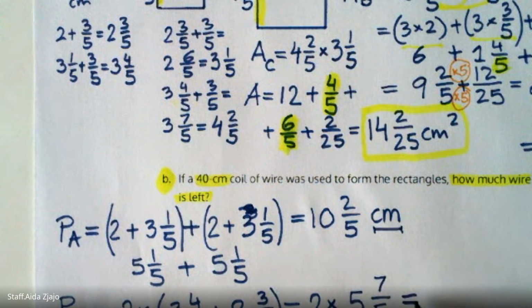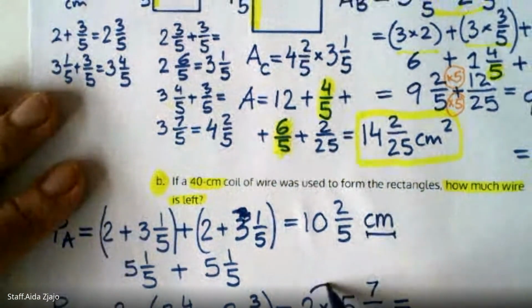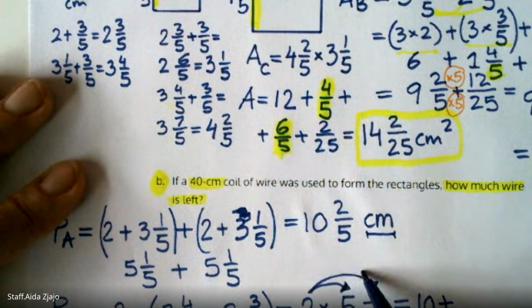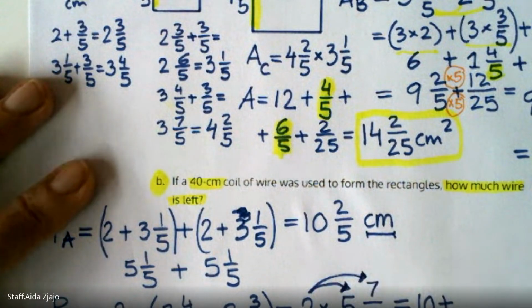So that is equal to 2 times 5 is 10, plus 2 times 7/5 is 14/5.